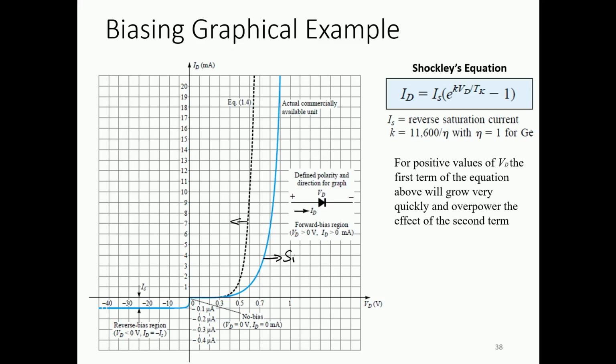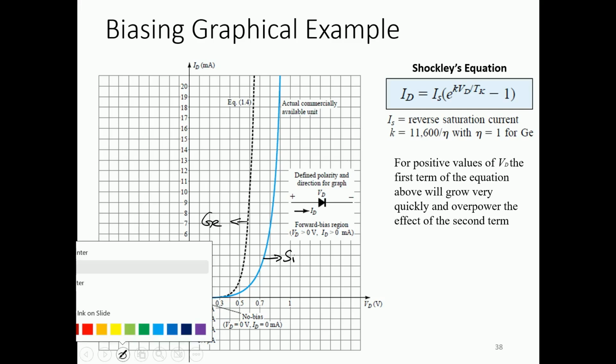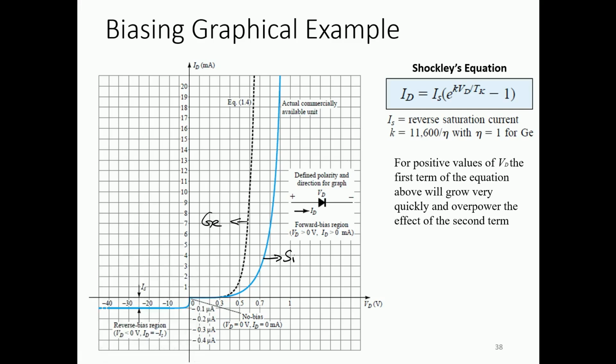These graphs are the practical results of a diode, taken from the data sheet. This region is our forward bias. The values higher than 0 volts are the forward bias, and if the value is less than 0 volts, this is the condition for the reverse bias.